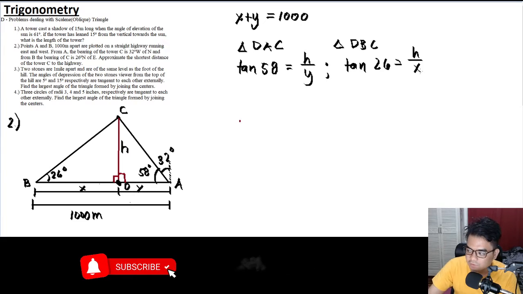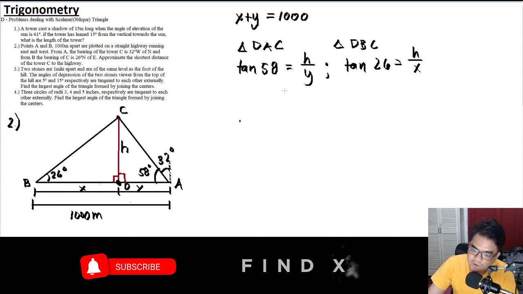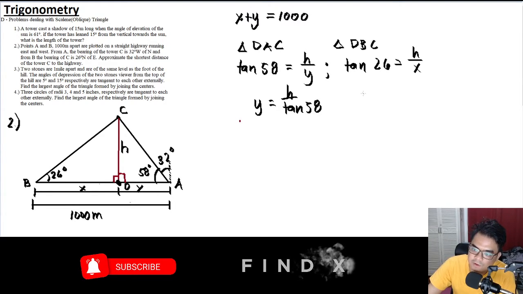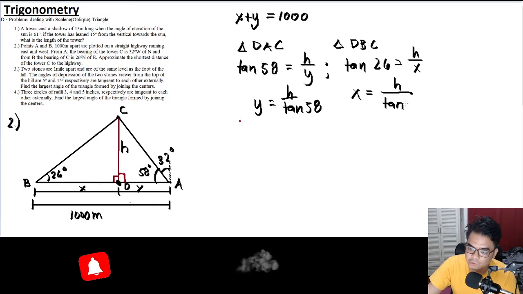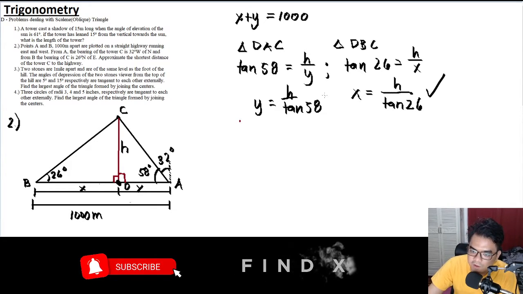Next, let's isolate the values of x and y. So from here, we'll have y is equal to h over tangent 58. And then from here, we'll have x is equal to h over tangent 26. And then all you have to do is substitute the values of x and y into this equation.